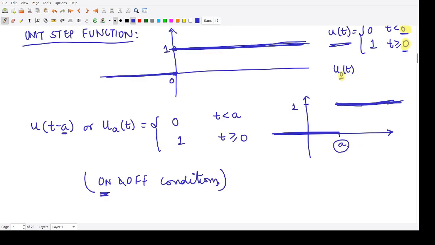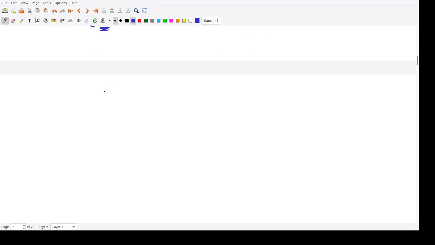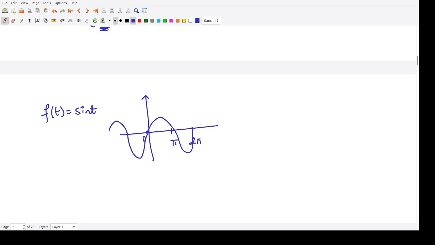Moreover, you could also multiply the given unit step function by some other function. Suppose you have some function f of t as sin t. What is this? The sinusoidal wave, defined like this. This point is 0, this point is pi, this point is 2 pi, and it would be the same on the left hand side also.